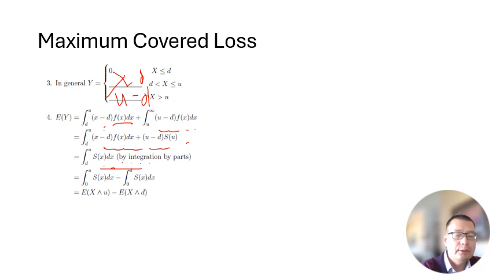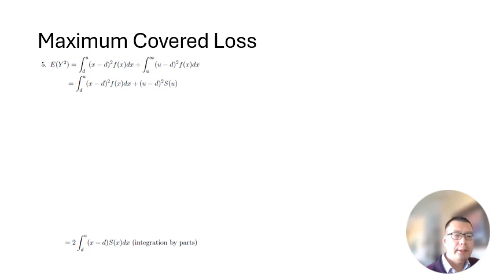If you are not familiar, you should look at previous examples and exercises, because this has been used several times. However, the final result is what you need to pay attention to, where the expectation of Y is equal to the expectation of X capital U minus the expectation of X capital D. This is the final result. This will be used to do the calculation.